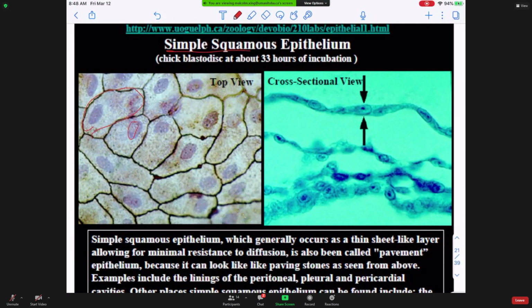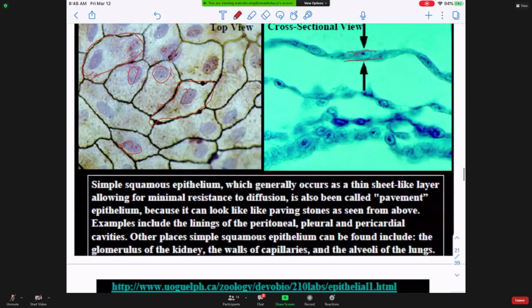That's the nucleus, right? The nucleus and the cell boundary. In cross section it's a very thin layer, so that's a typical histological staining. It's a thin, sheet-like layer with minimal resistance to diffusion.